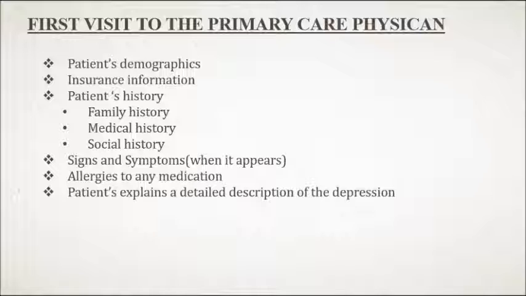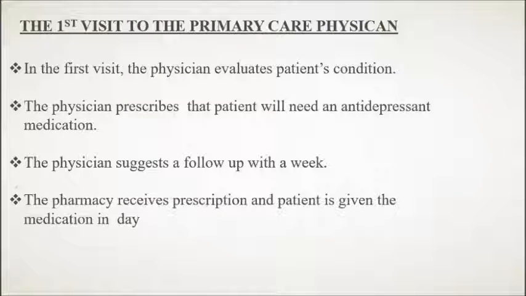The first visit to the primary care physician will cover Patient A's demographics, insurance information, history like family history, medical history, and social history, and also Patient A's signs and symptoms and when they appeared, whether Patient A is allergic to any medication, and a brief description of Patient A's depression.